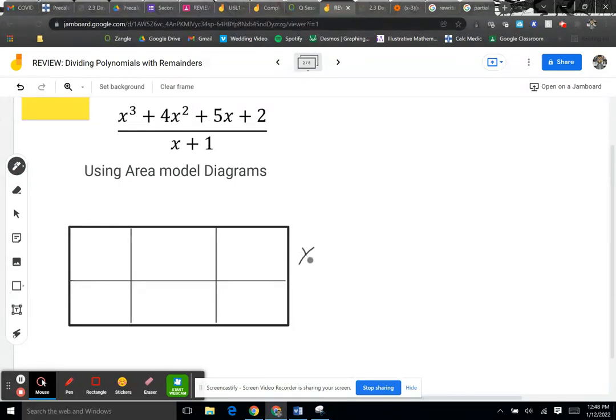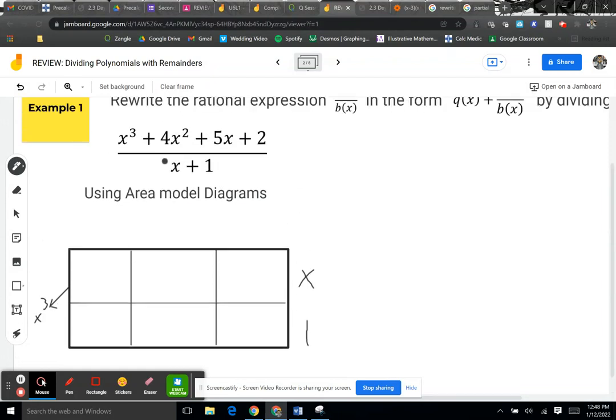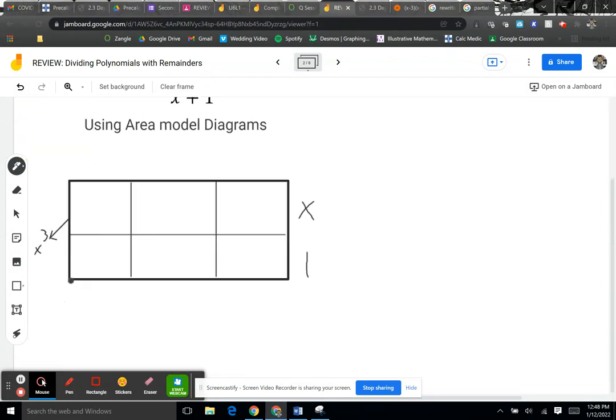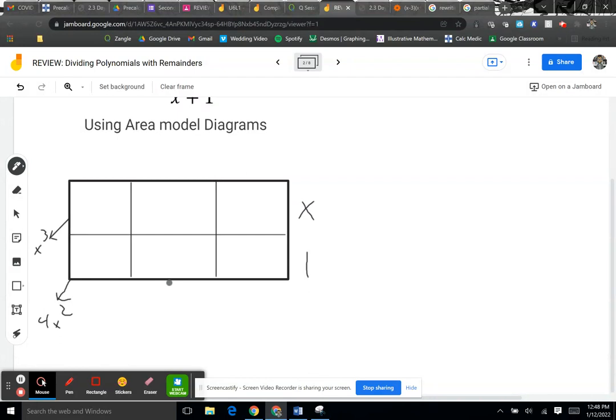Right here, I'm going to have x plus 1. The other factor that I multiply by will be up here. Out of each diagonal, I get x cubed, plus 4x squared, plus 5x plus 2.